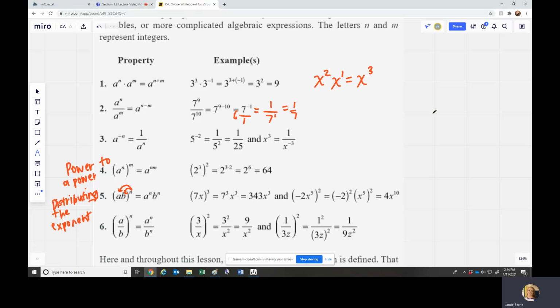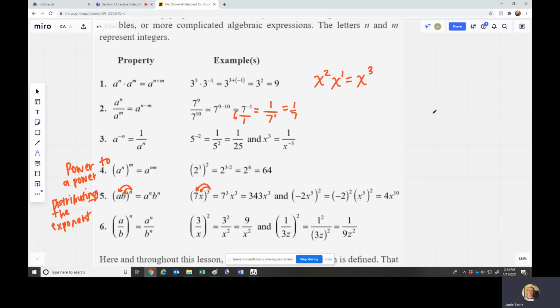This one is super easy to forget to do. Like if you have 7x raised to the 3rd, it's so easy to just raise x to the 3rd power and forget to do the same to the 7. So make sure that you distribute that exponent to both. You have 7 cubed times x cubed. 7 cubed would be 343. X cubed is in simplest form.